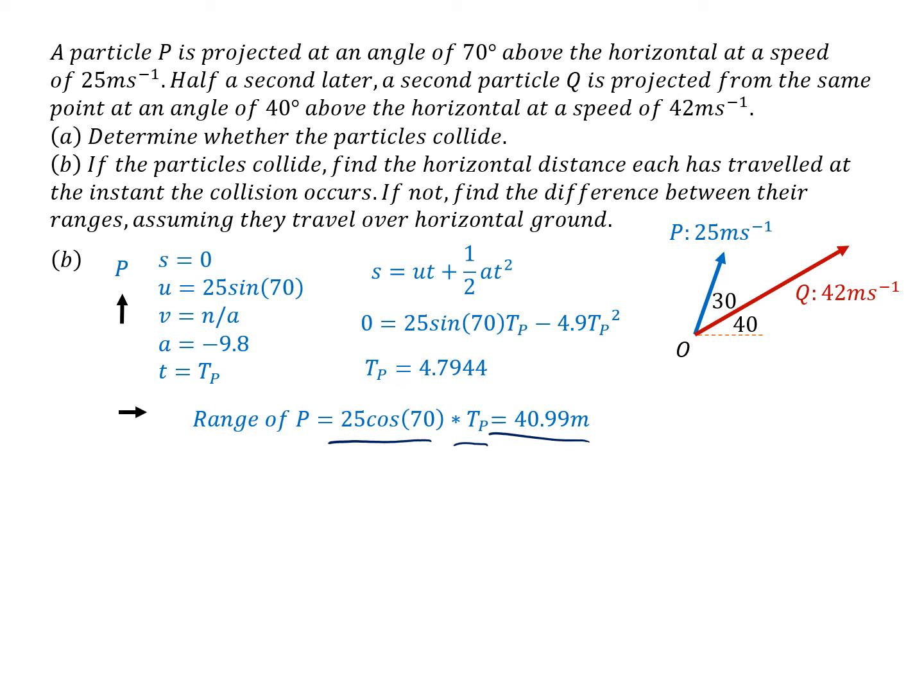If we look at Q now, at the point where Q hits the ground, its vertical displacement will again be 0. We're calling the time that Q has been in motion when it hits the ground tQ.